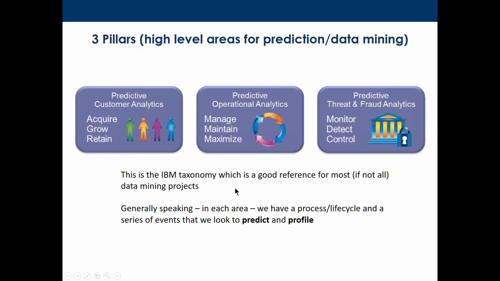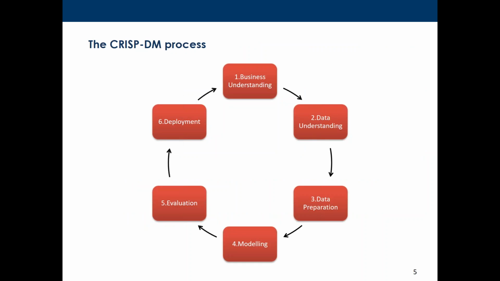In each of these areas, irrespective of whatever the analytical objective is, what we're typically looking to do is make predictions and find patterns, so use data mining potentially to find patterns and associations. In order to do that, we ourselves tend to use and recommend the CRISP DM process. Today's webinar is really intended just to talk through in a little more detail what that process is and what each of the individual steps are.